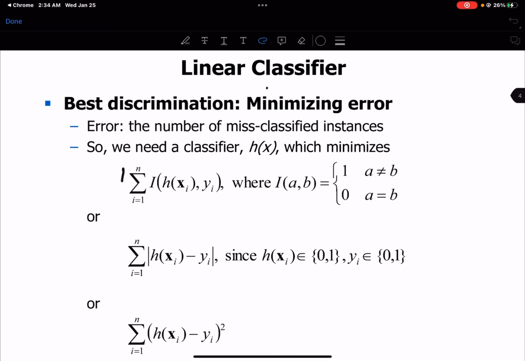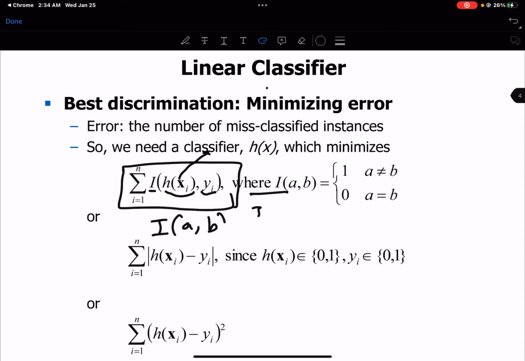Here, there's a new form of a function: an indicator function which takes two values, h of x, the classifier, and yi, where a and b can take the values 1 or 0.